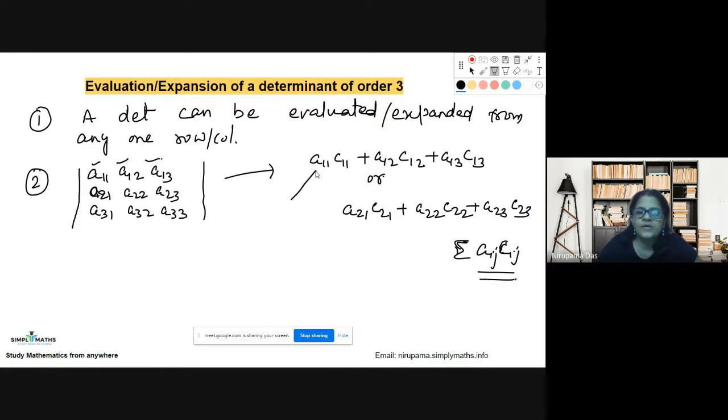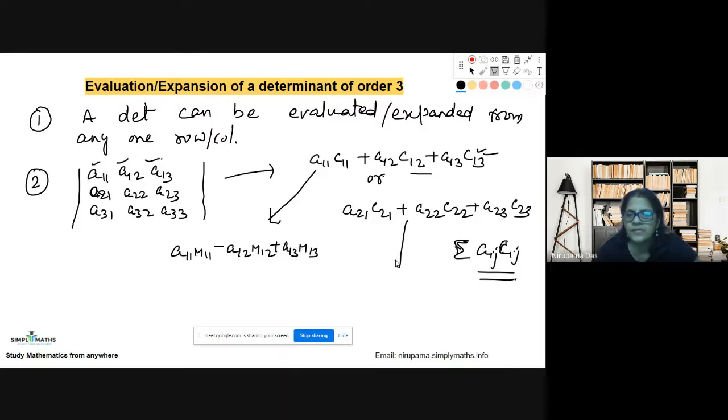And as we know, cofactor cannot be found directly, I mean without minor. So what we are doing, this thing can be written as A11 M11, because C11 equal to M11. C12 equal to minus of M12, because here i plus j is odd, cofactor is negative of minor. So we can write here minus of A12 M12. Again here cofactor equal to minor, plus A13 M13.